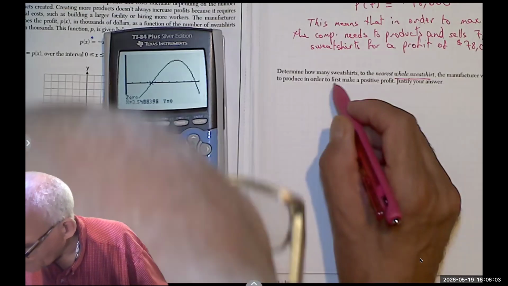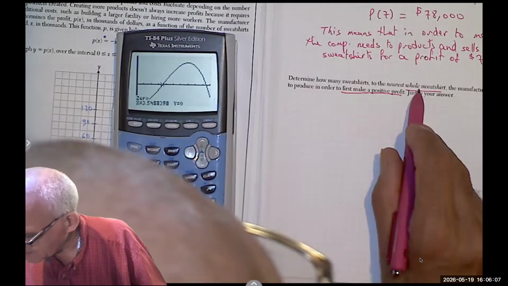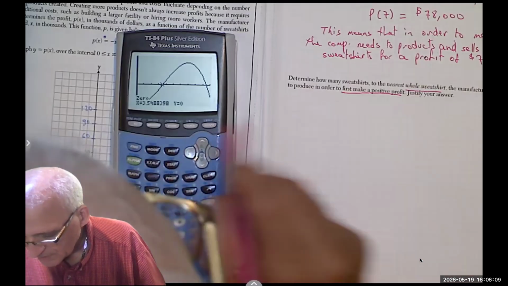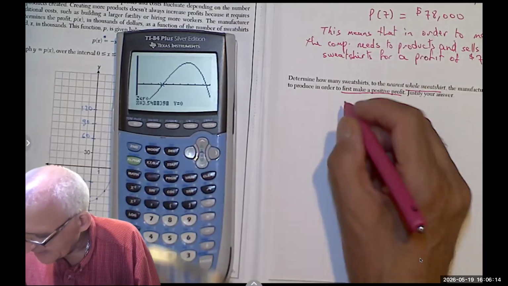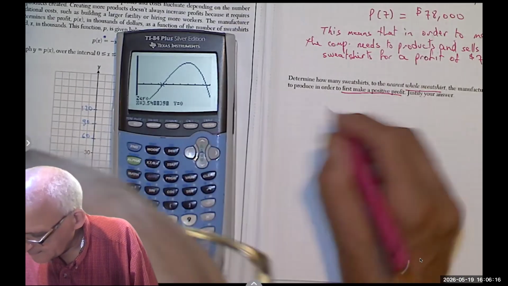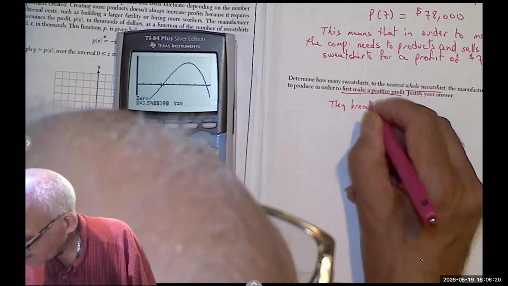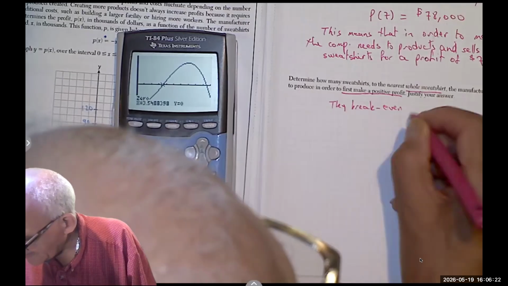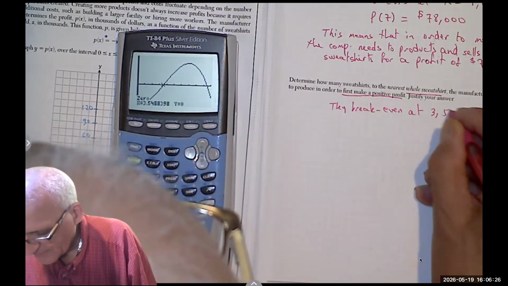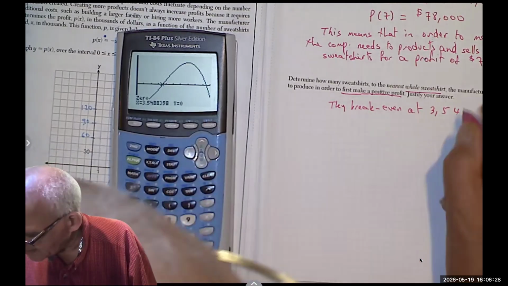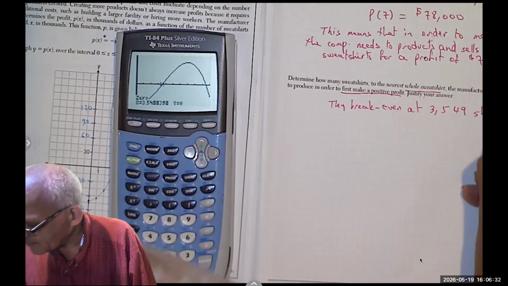In order to first make a positive profit, and it's to the whole shirt. So really, if I want to say they break even at, to the nearest shirt would be 3,549, right? They need to produce at least this number of sweatshirts.